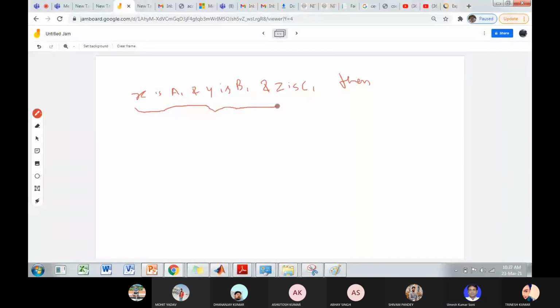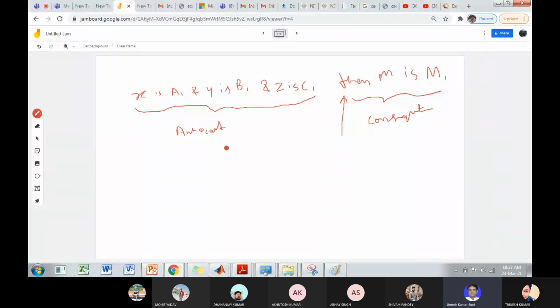This part is called the antecedent part, and this other part is called the consequent part. So then is the implication operator, and if tells about the antecedent part.